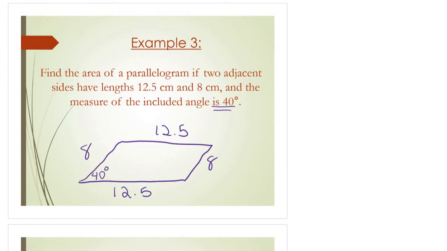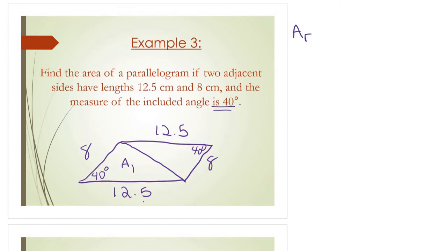Now, since this is a parallelogram, if I draw a diagonal here, we have two congruent triangles because we have side, angle, side. So we know these are the same triangles. Therefore, if I find the area of one, I can just multiply it by 2 and get the whole area of the parallelogram.